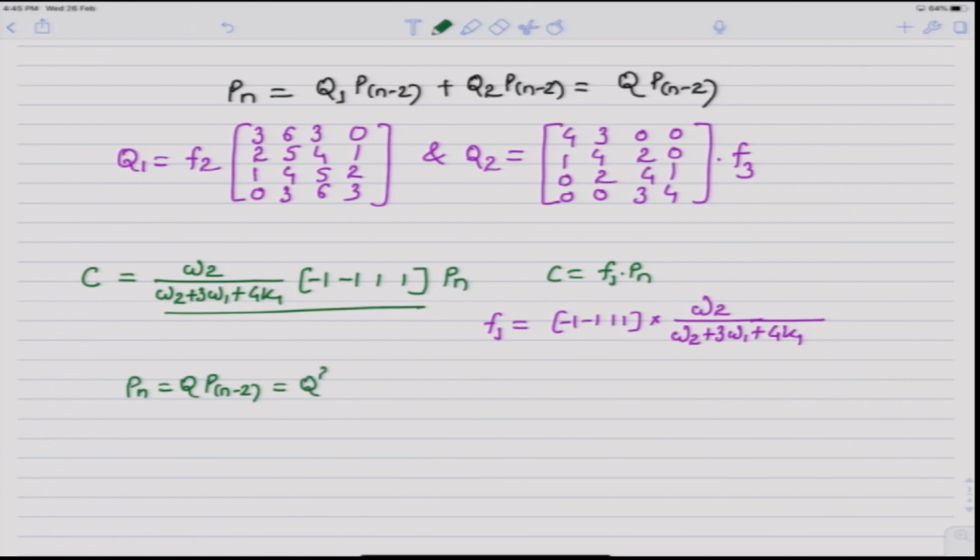So, this becomes Q square times Pn minus 4, and if we continue this we would get Pn is equal to Q to the power n by 2 times Pn minus n, which would be P0, and P0 here is the probability matrix that the vacancy exists at site S after 0 jumps of vacancies, that is right after the first jump of x.